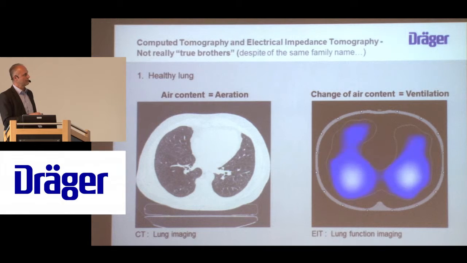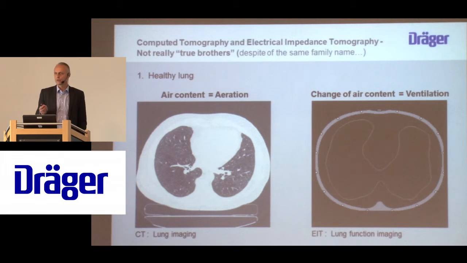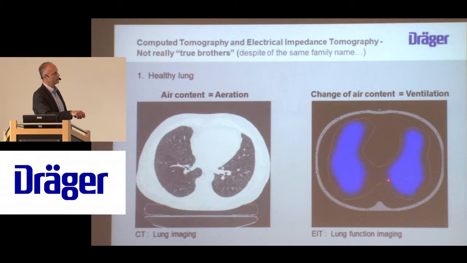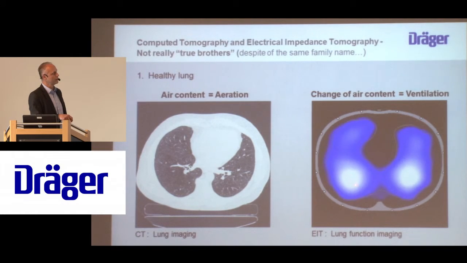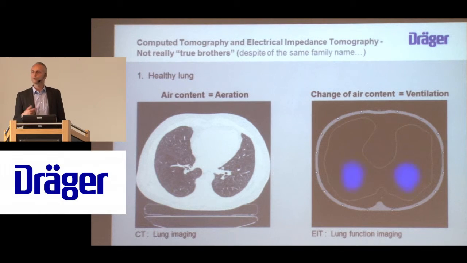So in the color scheme of our images, black shows no ventilation, because if it remains black at the end of inspiration, then there's no ventilation taking place. That might be due to various reasons. It could be because the spine is located here somewhere, or the mediastinum. But if something where we would expect to see lung tissue remains black, then it's probably due to, for example, collapse.